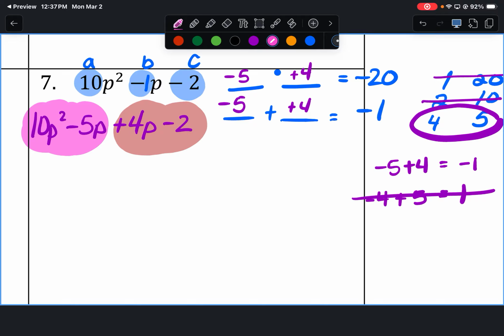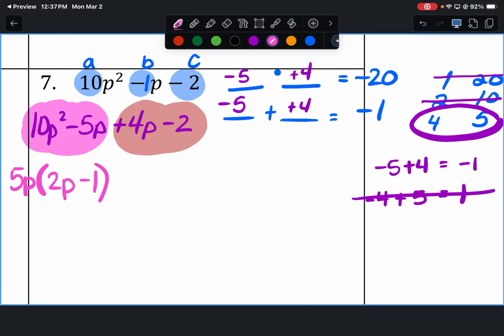I think we can do more than 2p for the first two. What can go into both 10 and 5? 5. So we can take out 5p, which leaves us with, what is 10p squared divided by 5p?